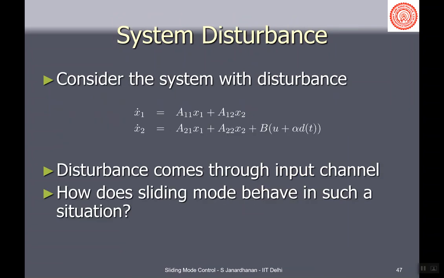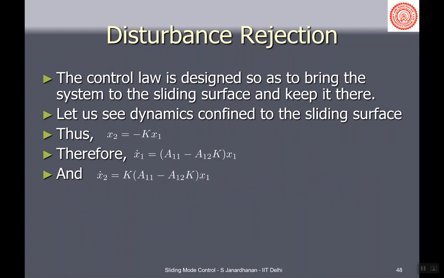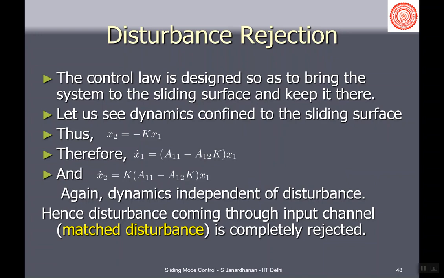We can also say that if you have disturbances that come through the input channel, then to confine to the sliding mode, the equations don't really change. When the system is confined to the sliding mode, the disturbance is not affecting the system.